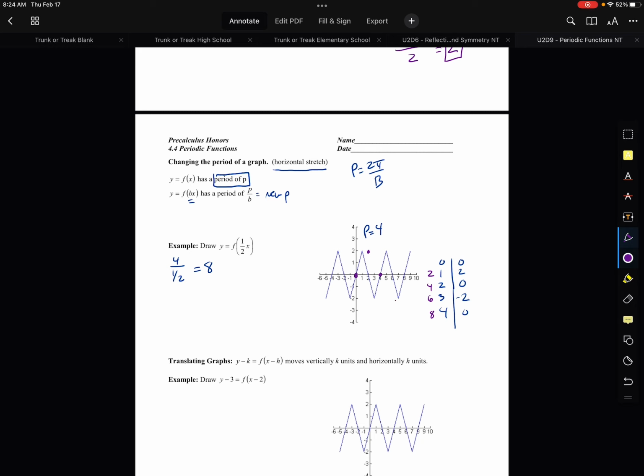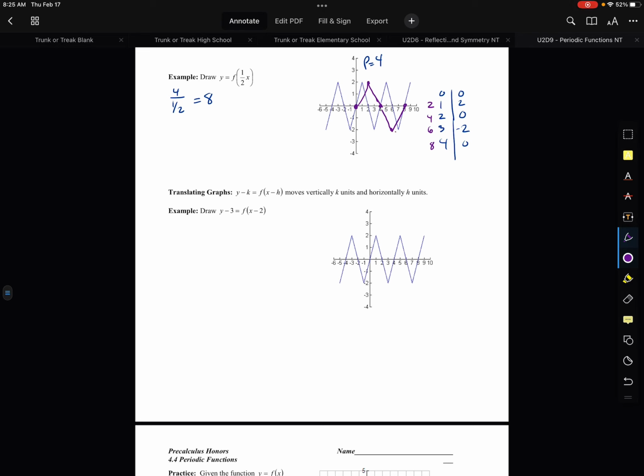I have 6, -2. I have 8, 0. So in the space where it used to be 2 curves, now we only have 1. There used to be 2 periodic function curves within there. Now we have just 1. And obviously it continuously goes in both directions, but that's what we have in that scenario.